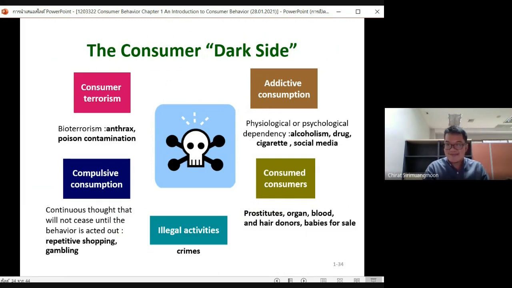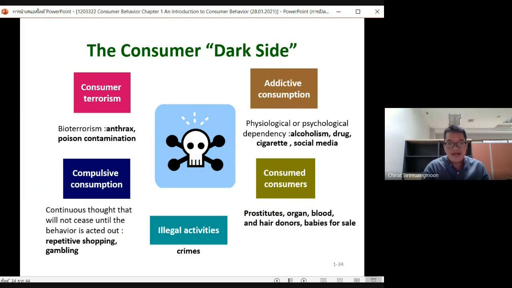This is addictive. Consumer, so it's like you buy the thing that you should not buy, like sex, organs, blood, hair, or even baby. Illegal activity is like crime that I'm going to talk to you about on the next page.